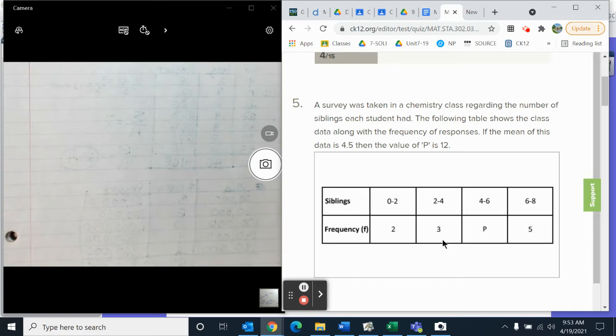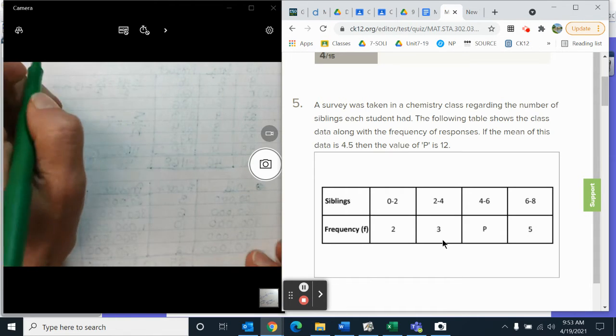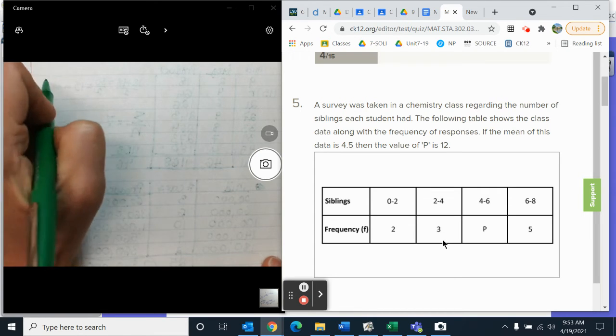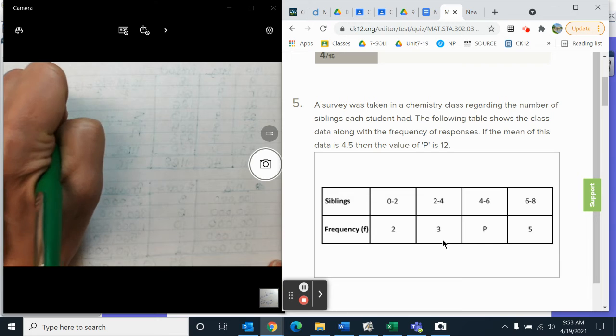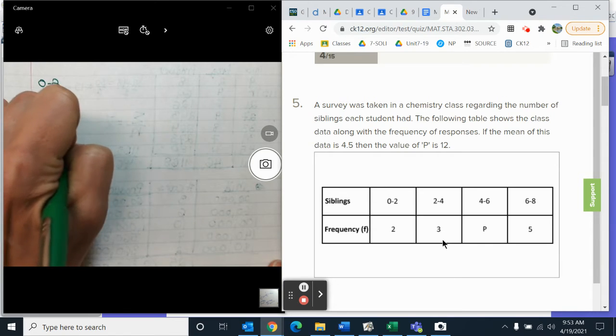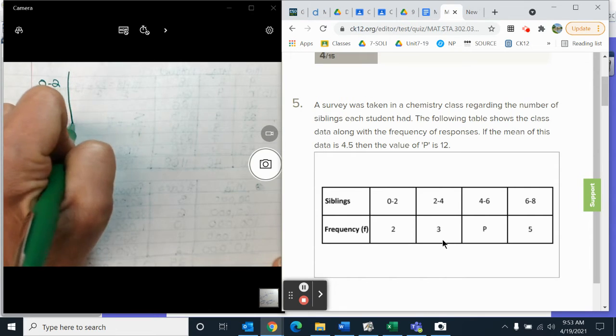And so what we need to think about is first finishing our table and looking at the mid-intervals. So from 0 to 2, and then 2 to 4, 4 to 6, 6 to 8. Those are our intervals.